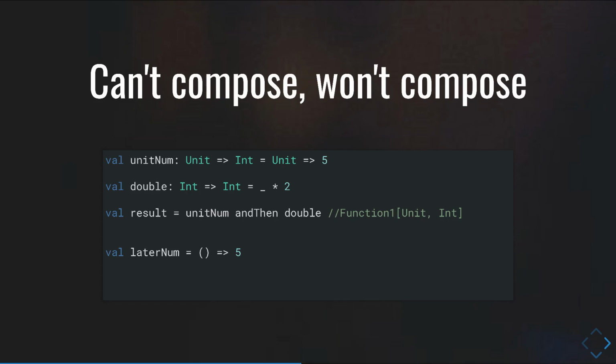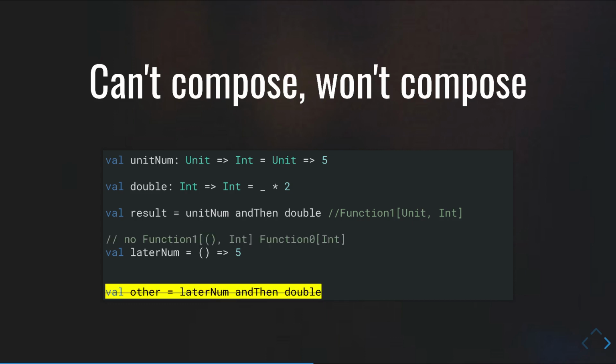Before we wrap up this section, I'd like to highlight a few gotchas. Result here is perfectly fine. Unit num is a function of unit to int, and double is an int to int. The signatures line up and we can compose them. However, if we have later num and we try to substitute it for unit num, it won't work.